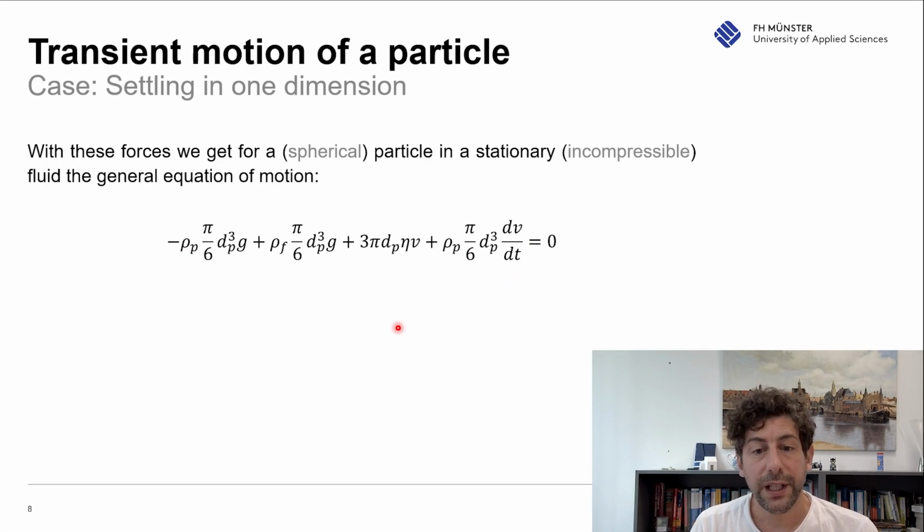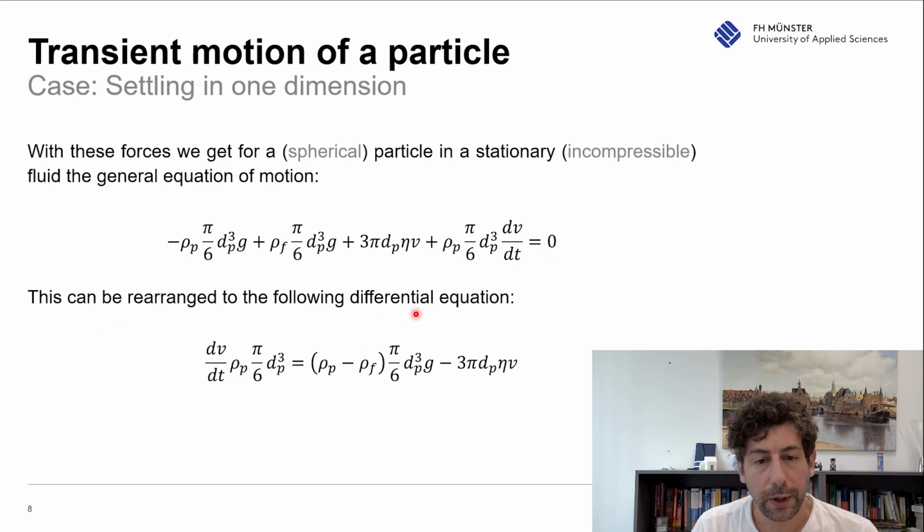And now we can rearrange a little bit: plus this, minus this, minus this, and then we can take out the brackets, and then we have density particle minus density fluid, and here we have the same term here and here, and this is minus 3 pi dp viscosity velocity. Okay, and now we can rearrange a little bit further.